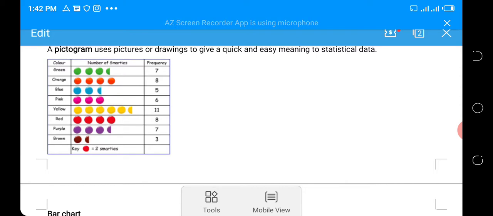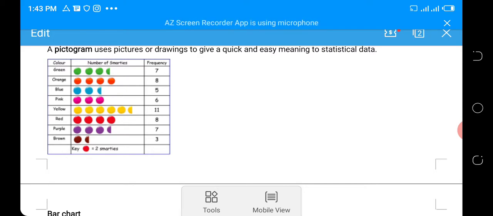For orange, there are 4 circles to represent 8 Smarties. For blue, we have 2.5 circles to represent 5 Smarties. For pink, 3 circles to represent 6 Smarties. For yellow, we have 5.5 circles to represent 11 Smarties.